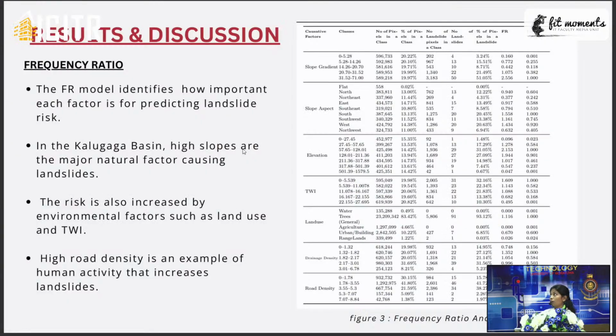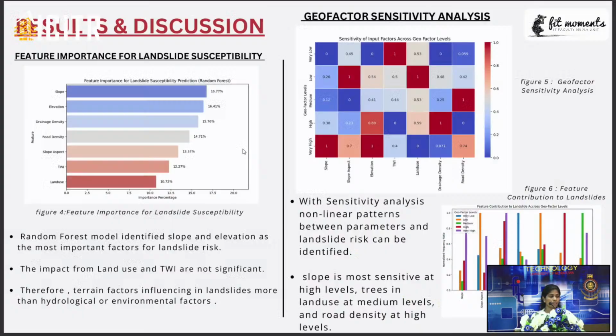If I talk about my results, in the frequency ratio analysis I identified that slope is a dominant factor that affects the occurrence of landslides in this area. High road density is another factor, showing that human activity is more involved in the occurrence of landslides.